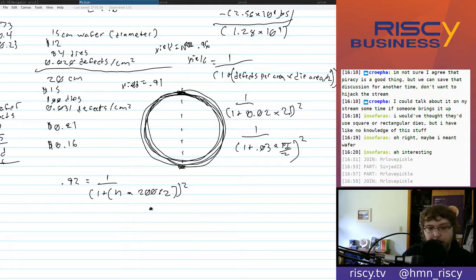First of all, 200 divided by 2, that's just going to give you 100, right? So 0.92 equals 1 over 1 plus n times 100, all that squared. And we're trying to solve for n.